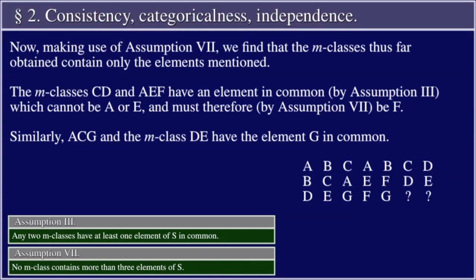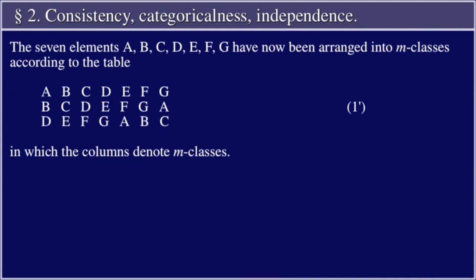Now, making use of assumption 7, we find that the M classes thus far obtained contain only the elements mentioned. The M classes CD and AEF have an element in common by assumption 3, which cannot be A or E, and must therefore, by assumption 7, be F. Similarly, ACG and the M class DE have the element G in common. The 7 elements A, B, C, D, E, F, G have now been arranged into M classes according to the table.